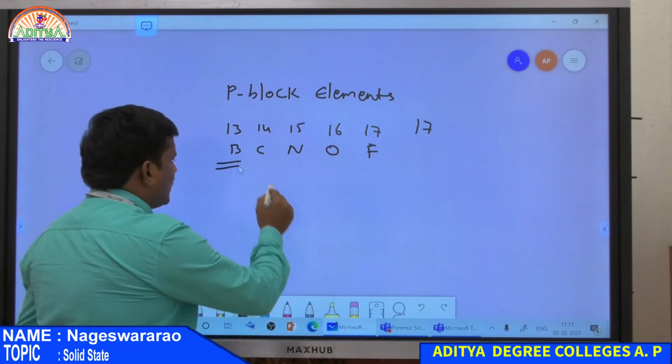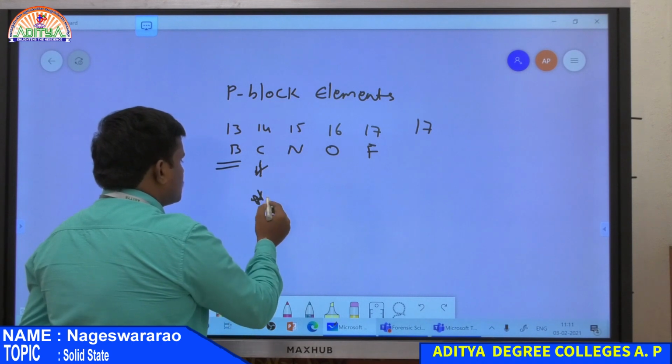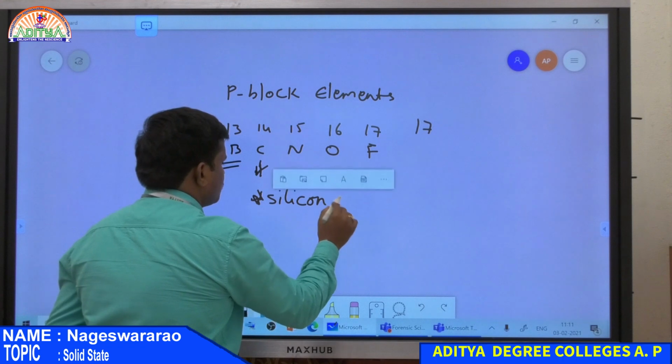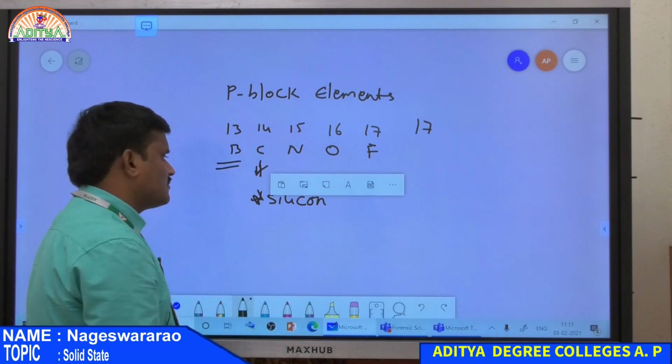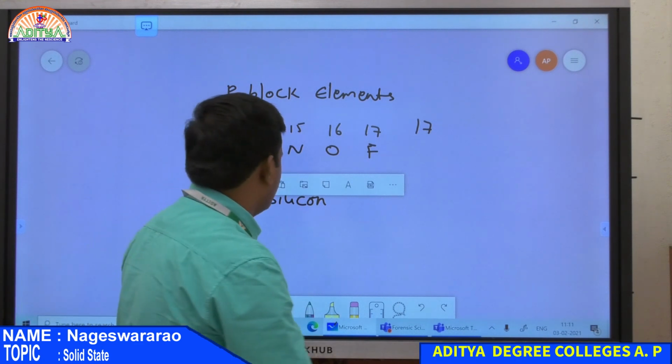And in the case of carbon family, we discussed about silicones and silanes. Whereas in the case of nitrogen, we discussed about two compounds.